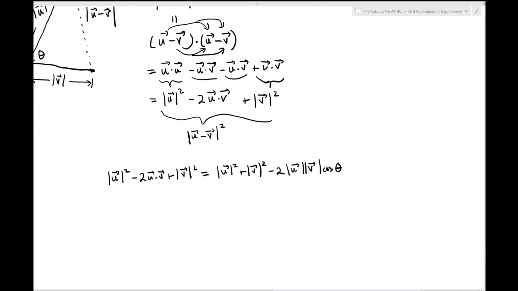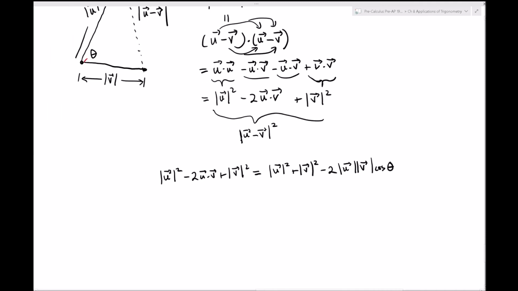Now I have this ugly expression, but a bunch of stuff cancels out. You can subtract magnitude u squared, those go away, subtract magnitude v squared, and what are we left with? Negative 2 u dot v equals negative 2 magnitude u magnitude v cosine theta.